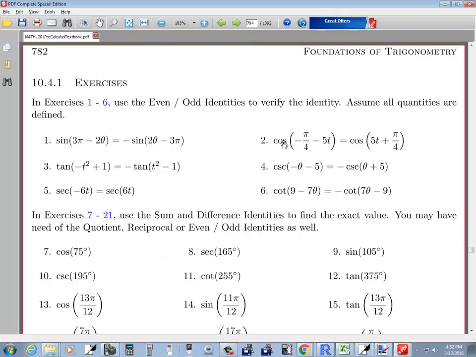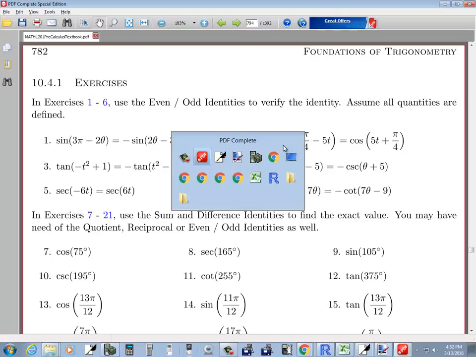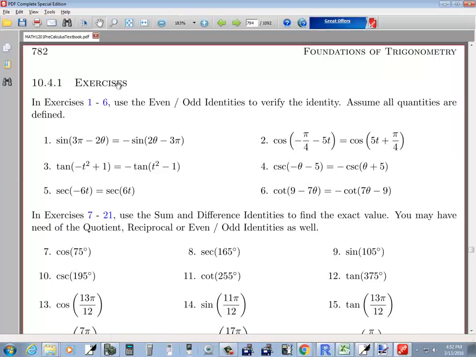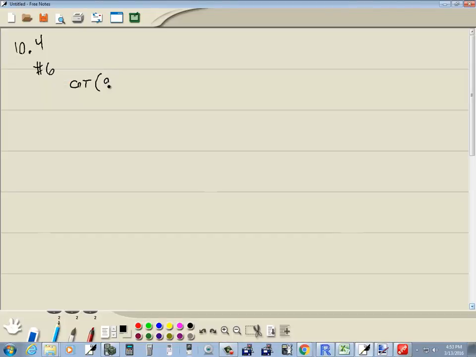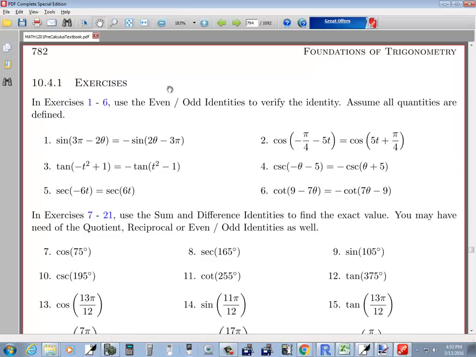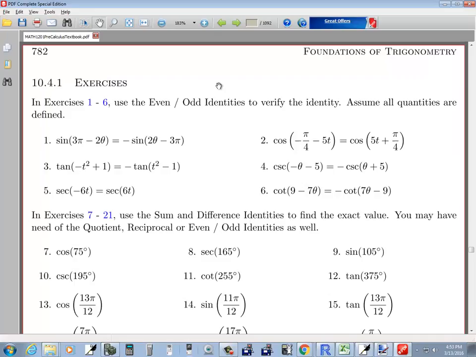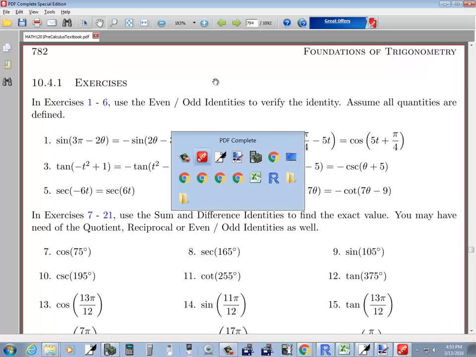Number 6. Number 6 says cotangent of 9 minus 7 theta is equal to negative cotangent of 7 theta minus 9.